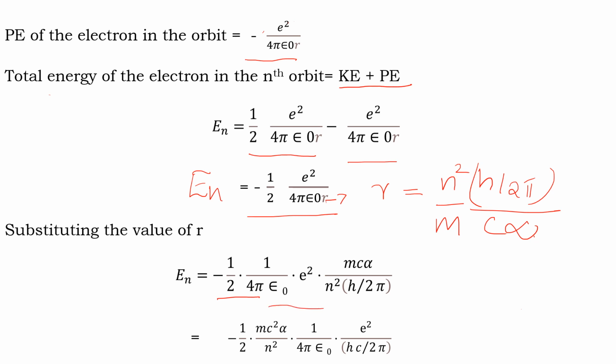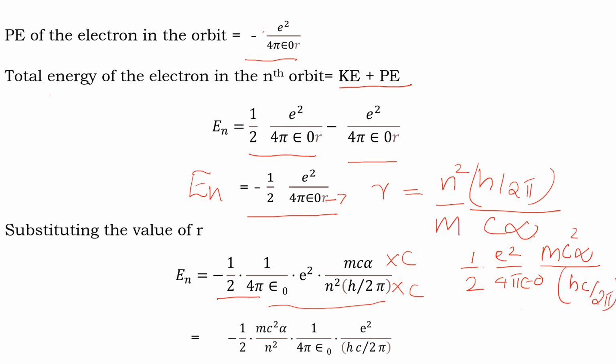Considering this equation, multiplying and dividing with c, at the same time multiplying and dividing the equation by c, we get half into E square by 4 pi epsilon 0 m c square alpha. When we multiply, we get c square alpha, and when we divide, we write hc by 2 pi into n square.